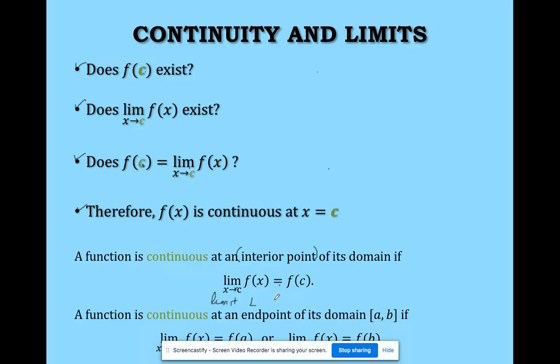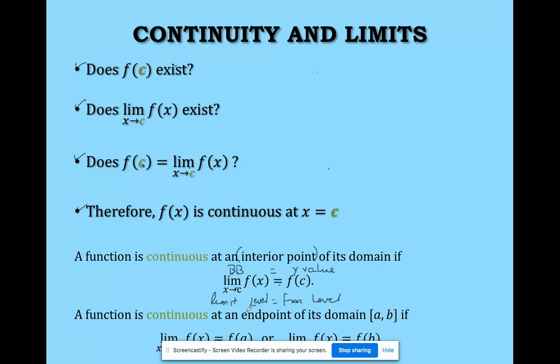Limit level is equal to function level. Where they bump bellies is equal to the y value of the function. You have continuity. But of course, that depends upon the fact that the function exists and the limit exists before you can really get to that, right?